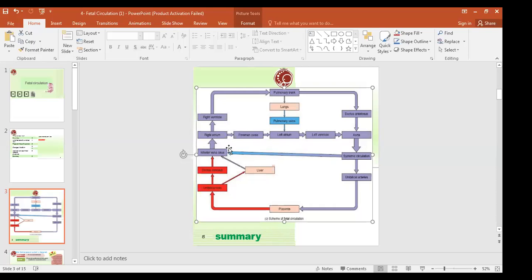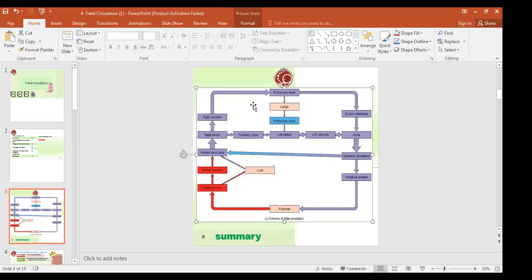So the maximum blood, which contains a highly oxygen concentration, will go mostly through this foramen ovale to the left atrium, and some of this will go to the ventricle.